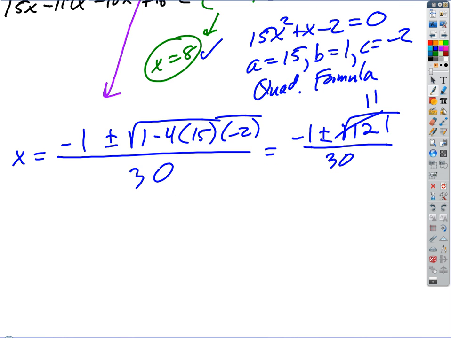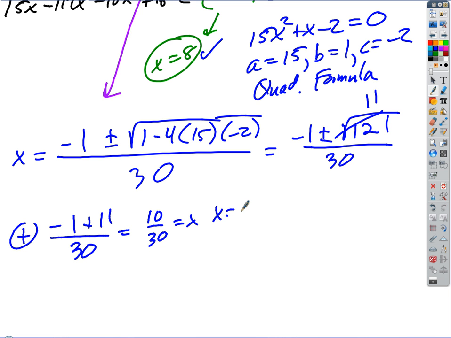So let's figure out what these answers are then. If I take the plus sign from the quadratic formula, I'm getting -1 plus 11 over 30, which is what? 10 over 30? Right? And that's what x is equal to. So x equals 1/3, right?